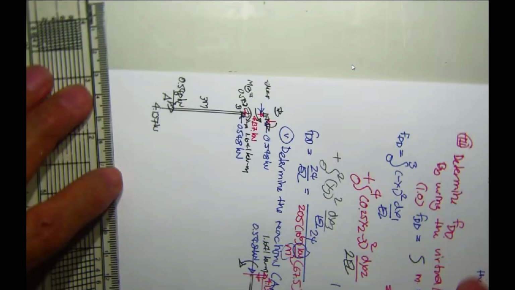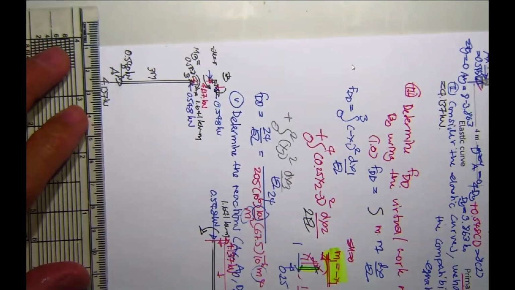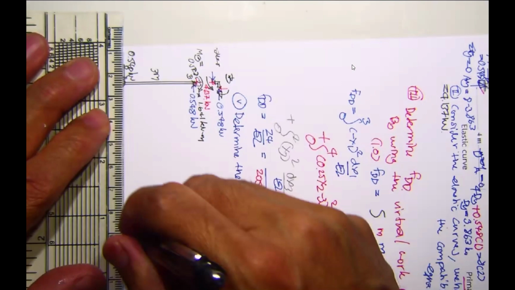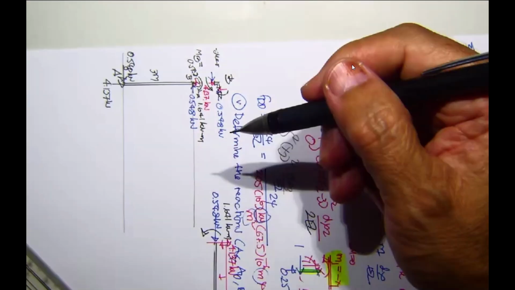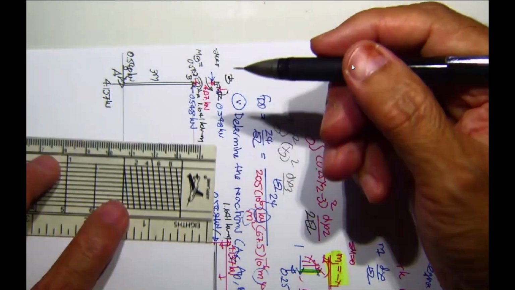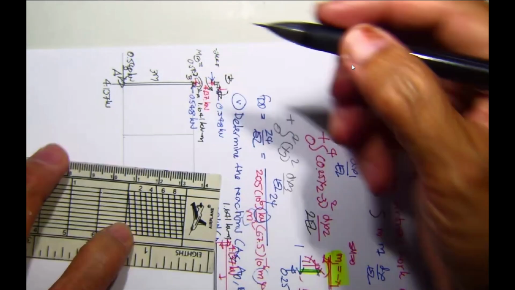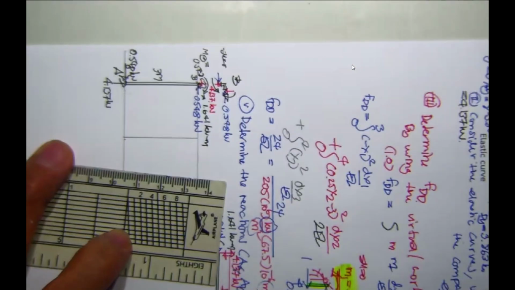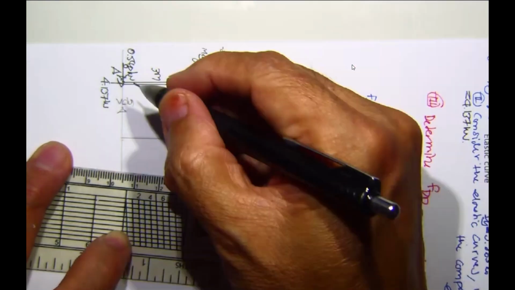And then do the same thing. If you are good at the technique, you may get it quickly, but you still have friends to take care of. So repeat it, and then for the shear, this is going to be kilonewton.